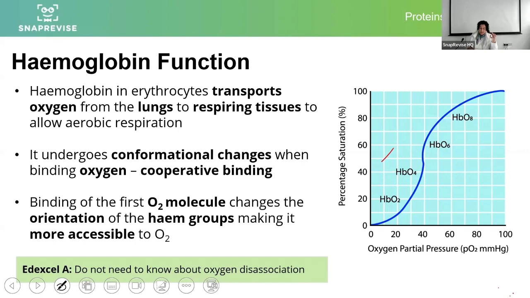However, it is going to cause a conformational change such that the second and third oxygen molecules will bind more easily. So at these middle partial pressures, this steep range of my curve is demonstrating that the second and third oxygen are binding quite efficiently.